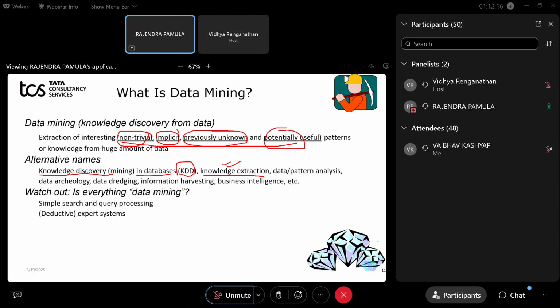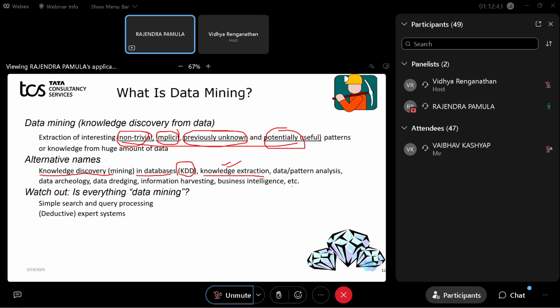Discovery is finding out the behavior, and specifying that this group of people will behave like this is what we call extraction. Hope you understood the difference between data discovery and data extraction.